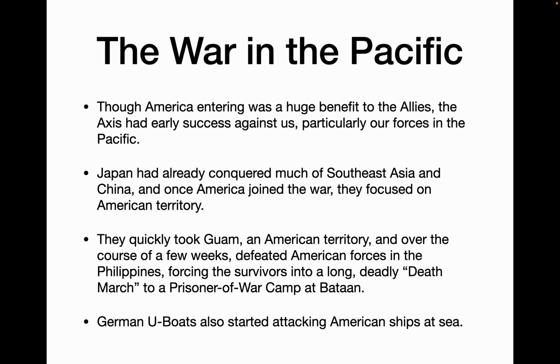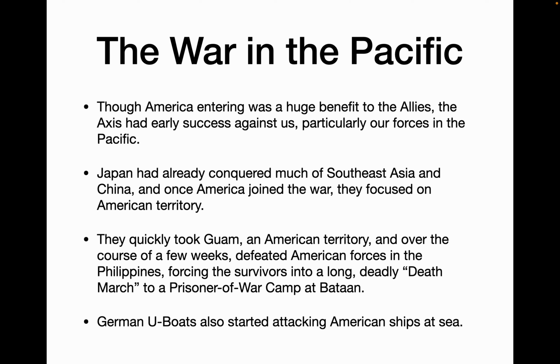Because once the Japanese had attacked Pearl Harbor, they very quickly attacked American spots in Asia as well. They'd already conquered a good chunk of Southeast Asia and China. And once America joined the war, they focused on Guam, which was an American territory, and they also were able to defeat the American forces in the Philippines, although they held out as long as they could.